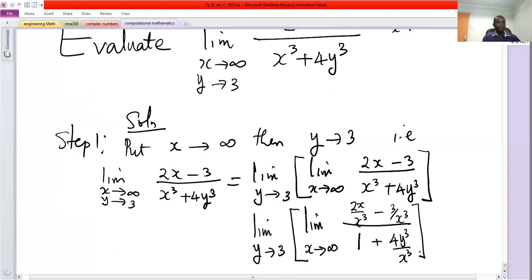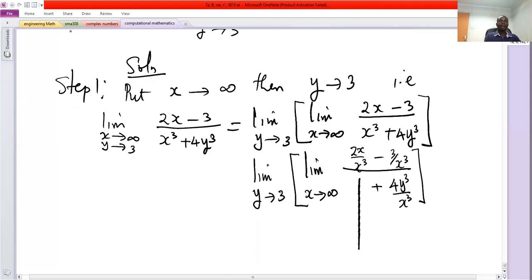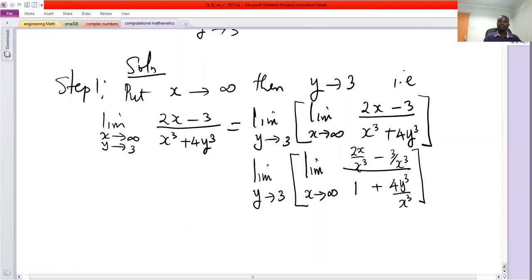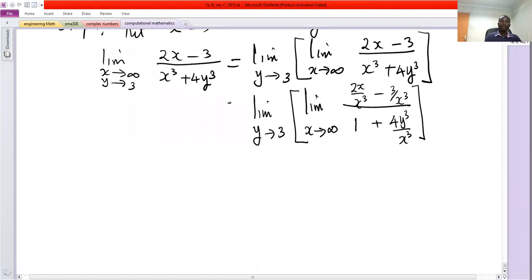Now, we can simplify further and have this equal to the limit as y approaches 3.